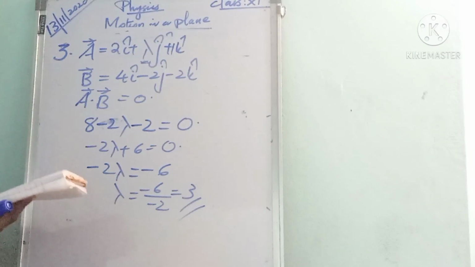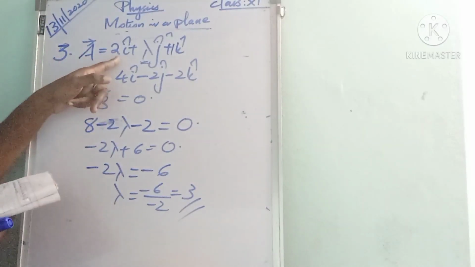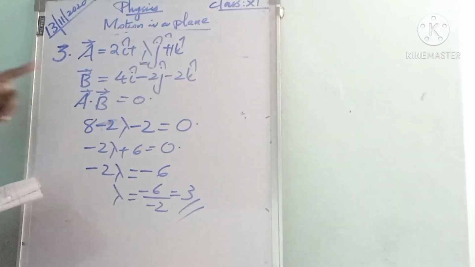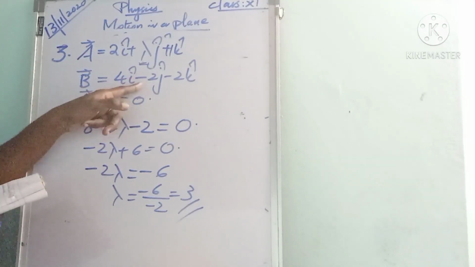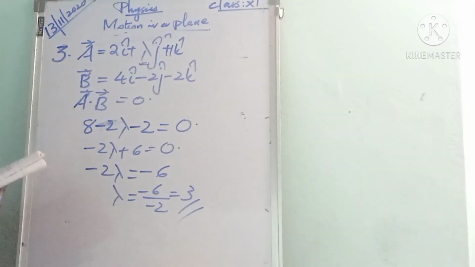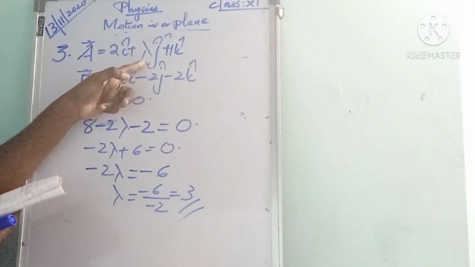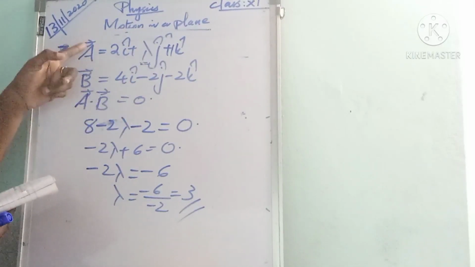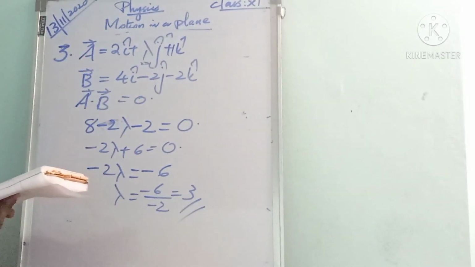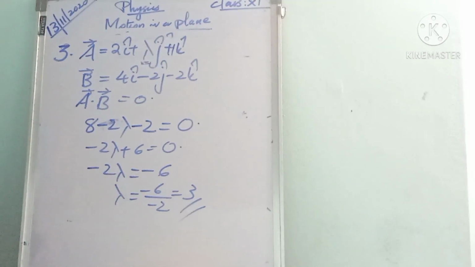Okay, here we have two vectors A and B. A is 2i plus lambda j plus k, and vector B is 4i minus 2j minus 2k. We have to find the value of lambda so that the two vectors are perpendicular to each other. So we can write A dot B is equal to 0.